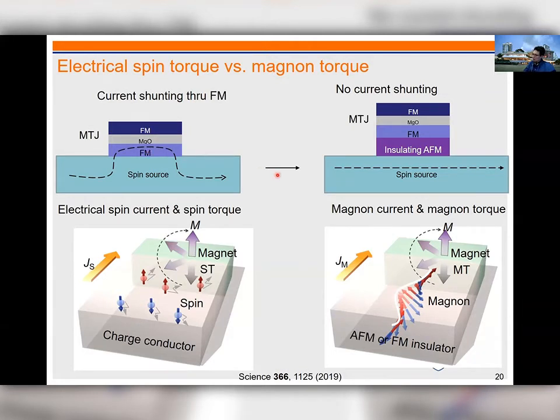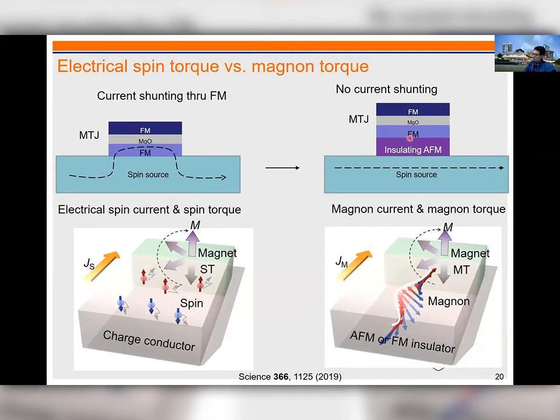So one way to mitigate this is to put an insulating anti-ferromagnetic material. Then this material is basically an insulator, so there will be no charge current injected. So all the current in this spin source layer will just go through this layer without shunting. Then the question is, how can we switch this free layer in MTJ?